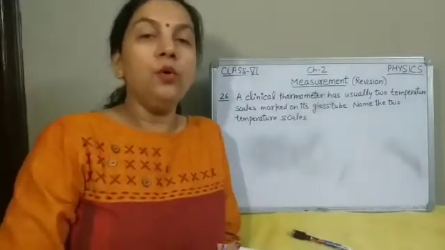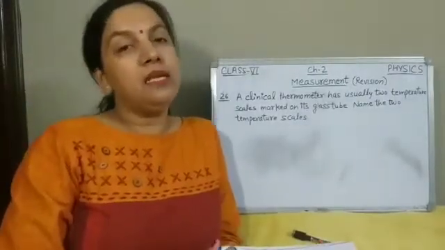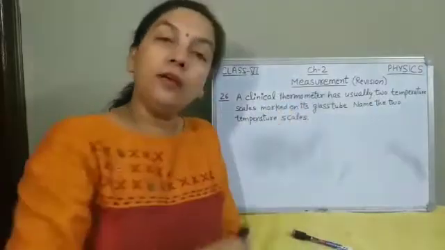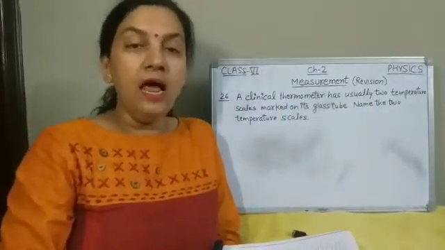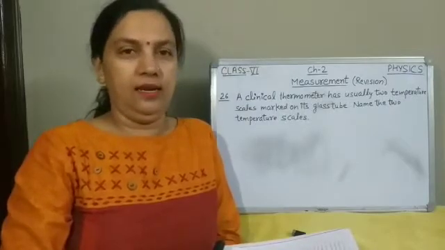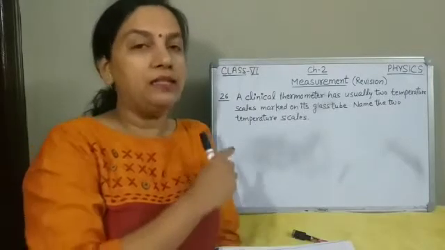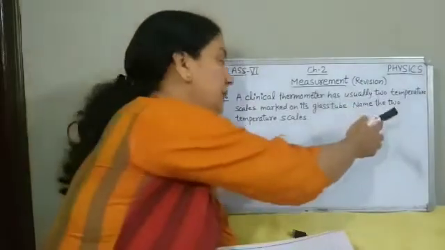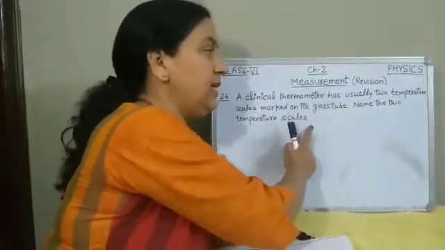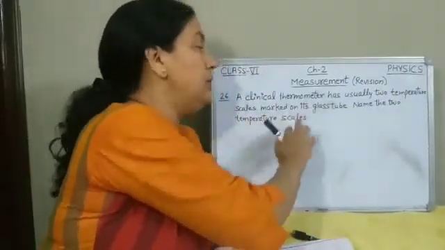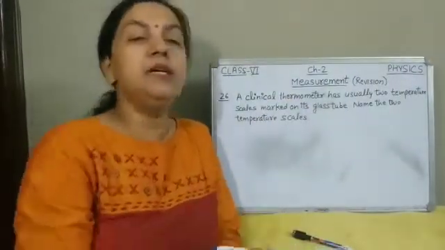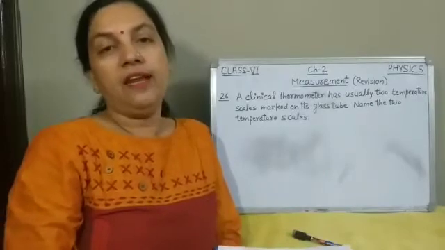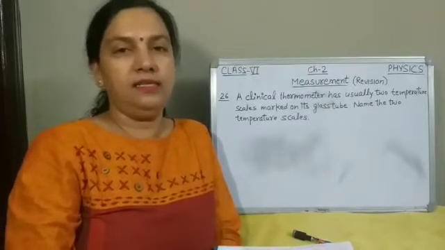Now you know which two temperature scales are there in a clinical thermometer? Yes, Fahrenheit scale and Celsius scale. So the answer will be: the two temperature scales marked on the glass tube of a clinical thermometer are Fahrenheit scale and Celsius scale.